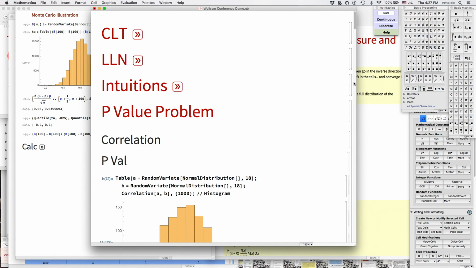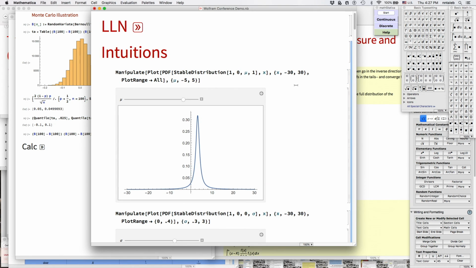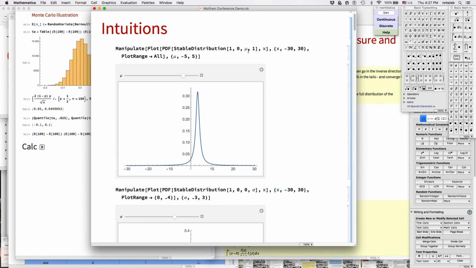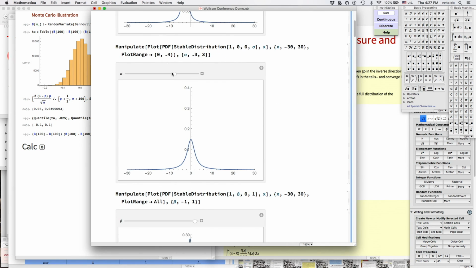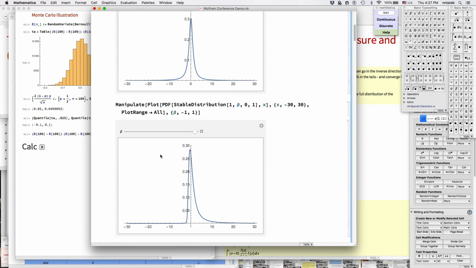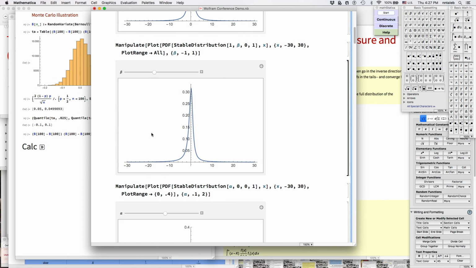But also, continuing with intuition from Mathematica, this is the stable distribution. You can play and figure out how parameters are affected, how you can make a distribution more fat-tailed. This is more variance. This is more skewed. These distributions, by the way, were impossible to work with in the old days because they don't have a density.